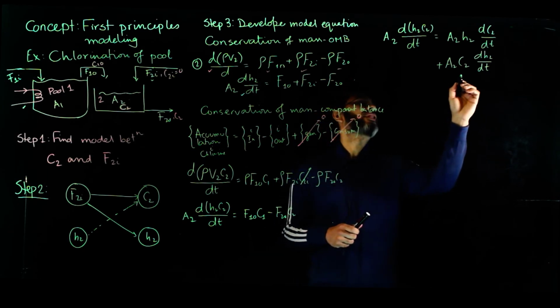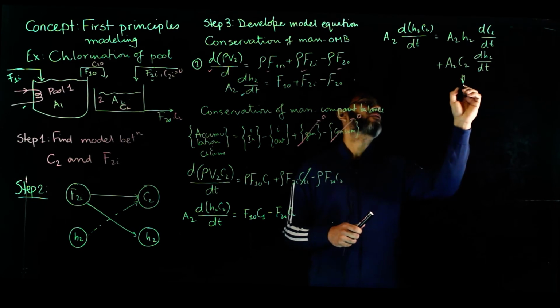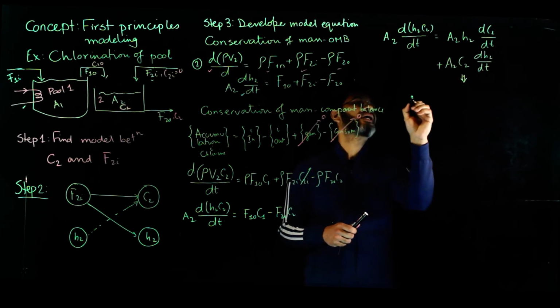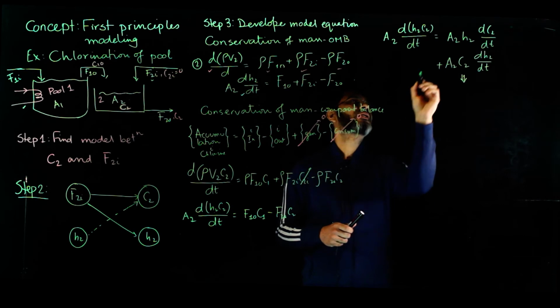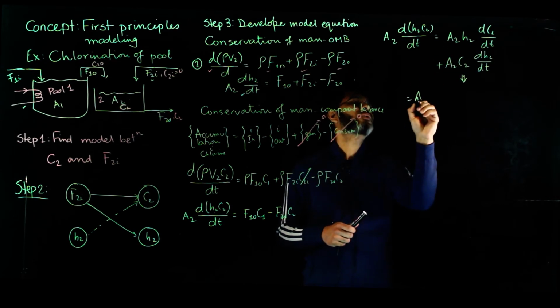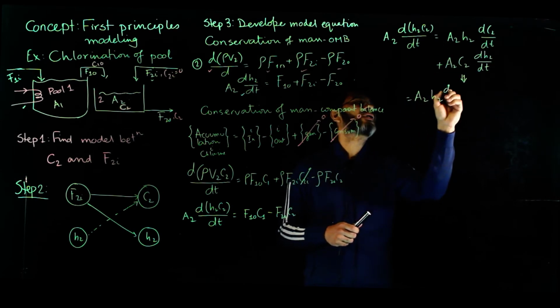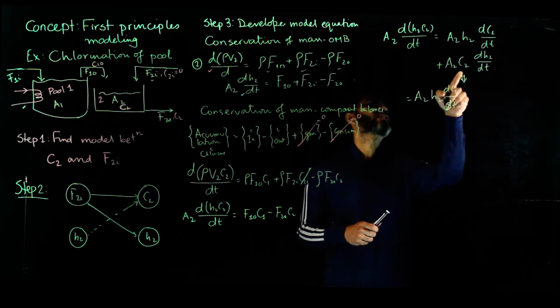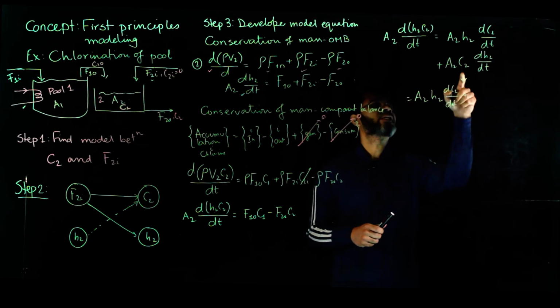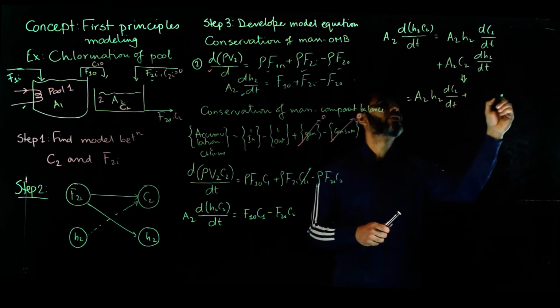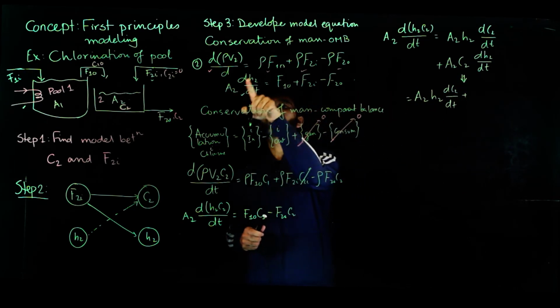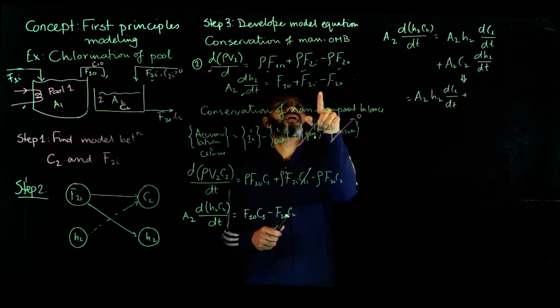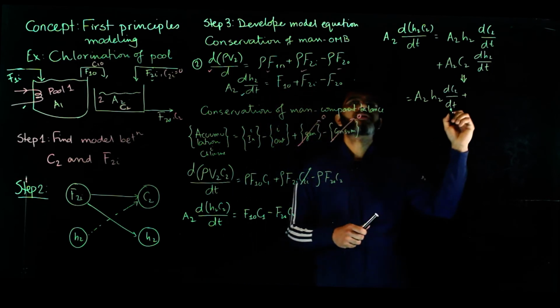Now from this part, we can write together, so this term remains A2 H2 dC2 over dt plus, if I change this part, we have C2 times A2 dH2 over dt becomes F10 plus F20 minus F2 out.